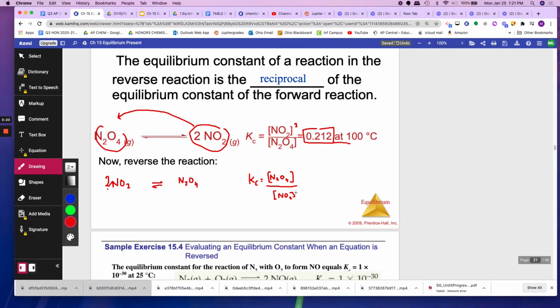Okay, so obviously if you flip the reaction, these two flip. So now this will also flip, so it's now going to be in the denominator. 0.212 over 1. So in essence, you just took the inverse of this number. So take the inverse of that number, 1 divided by 0.212 equals 4.72, unitless. So you just increased your Kc by flipping the reaction.